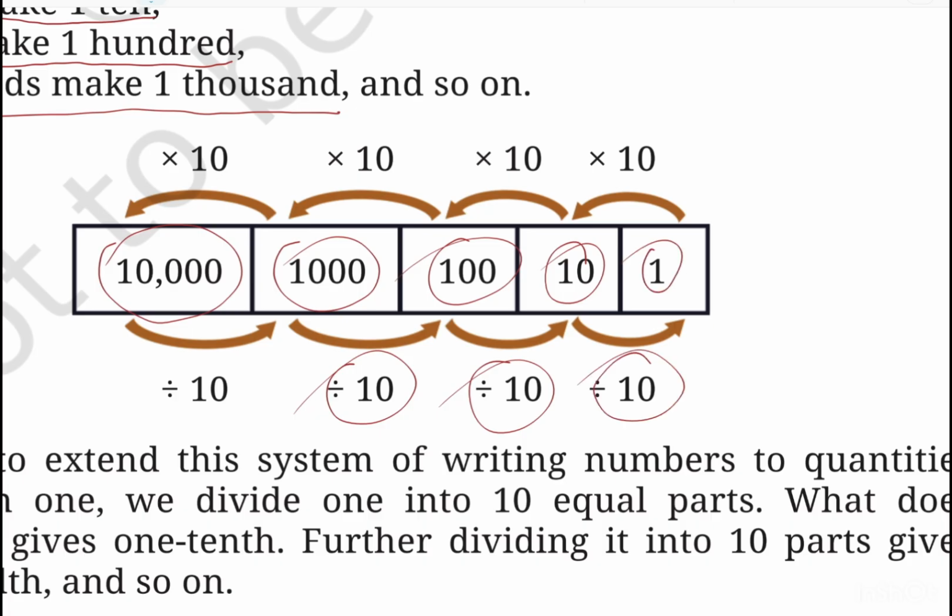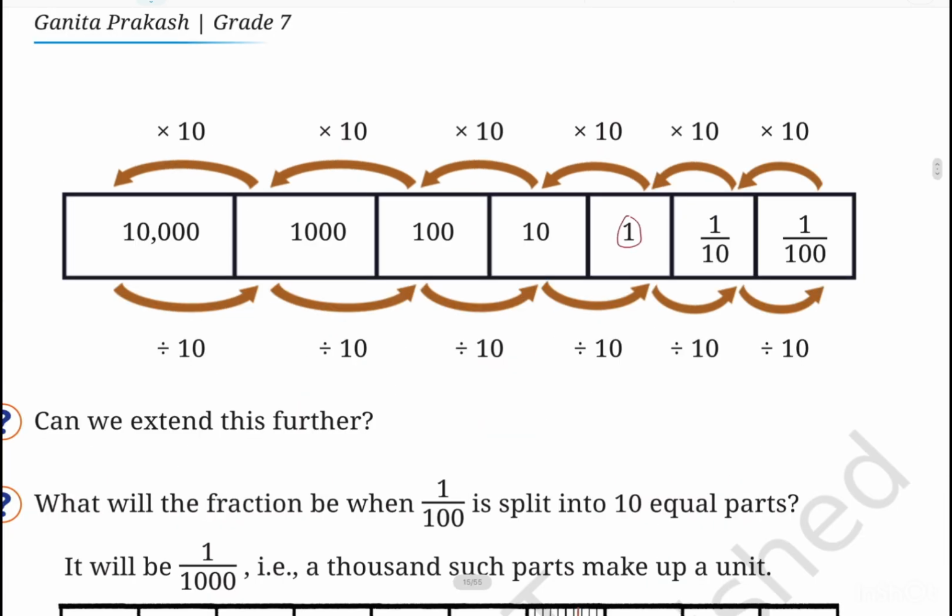So can we divide 1 again by 10? Yes. When we divide 1 by 10, we get 1/10, and again 1/10 divided by 10, we get 1/100, and so on.